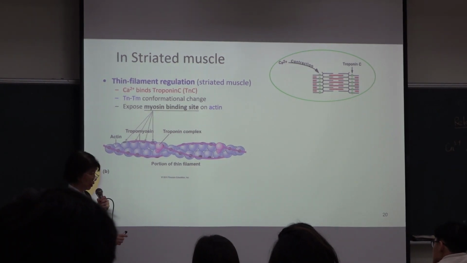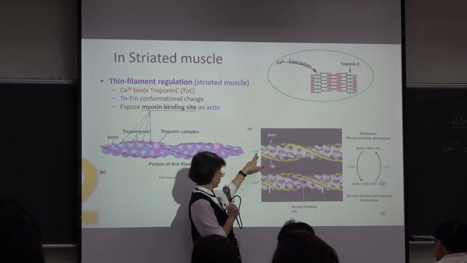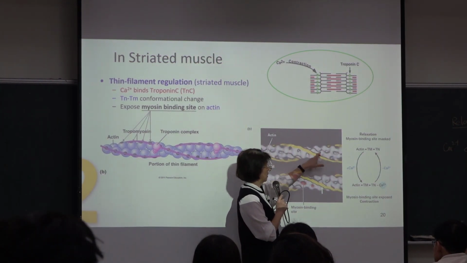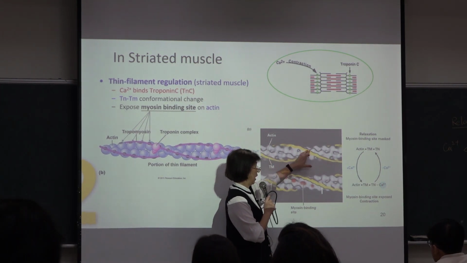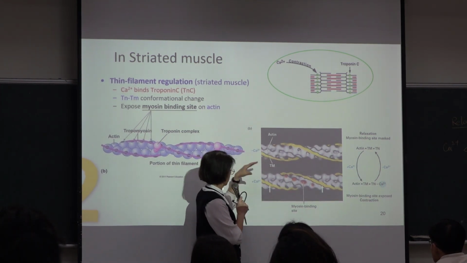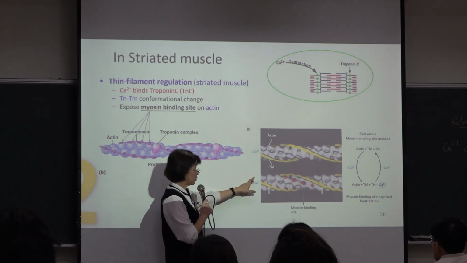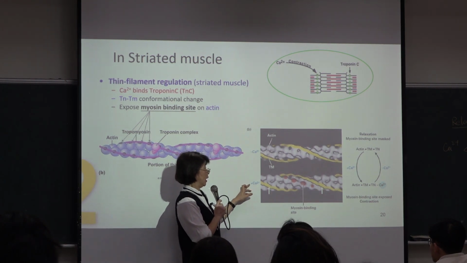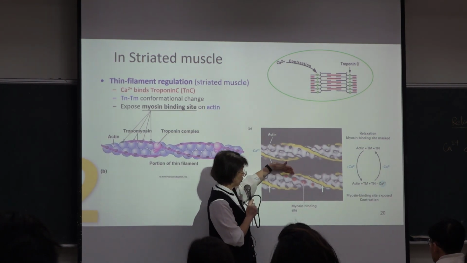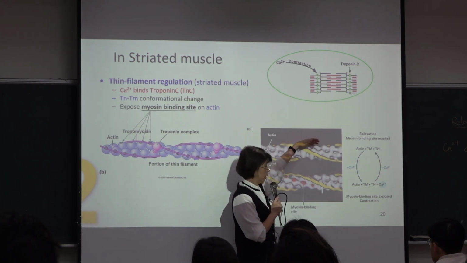All right, we use another diagram. In the absence of calcium, tropomyosin sits on actin filaments and blocks the myosin binding site. When calcium binds to troponin C, it induces a conformational change. So the tropomyosin moves away, all right?